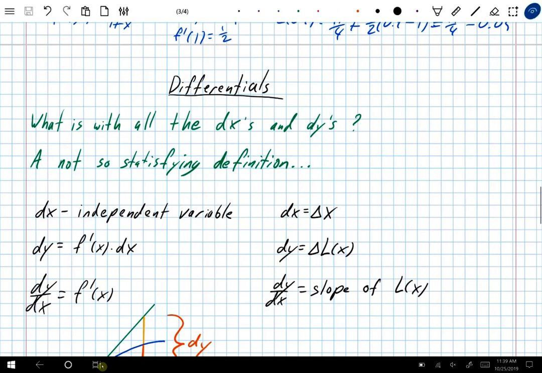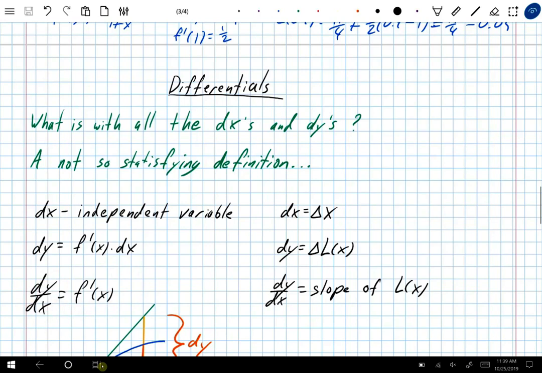Importantly, if I take dy and I divide by dx, I get our old friend dy dx. What does that look like? Well, it looks like f prime of x dx divided by dx. That's just f prime of x. So now this is true almost by definition, just by saying dx over dx is 1.